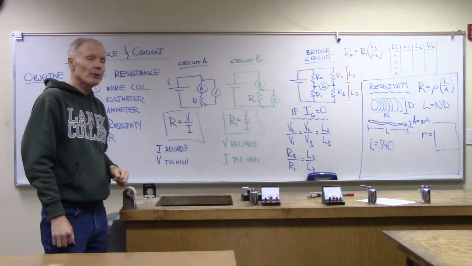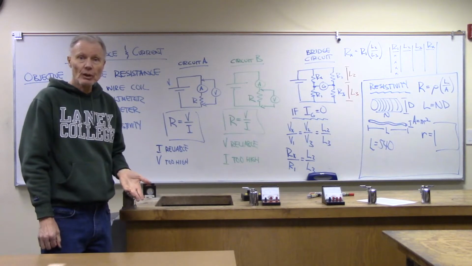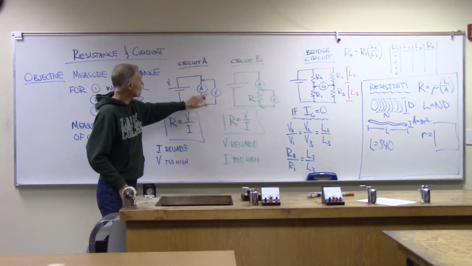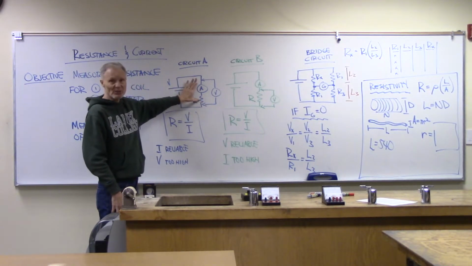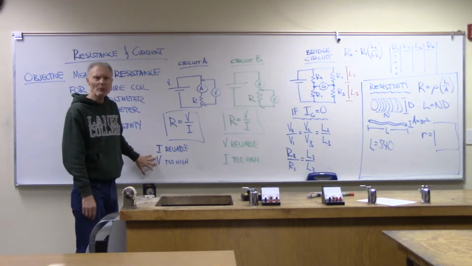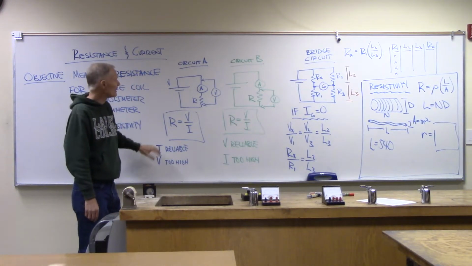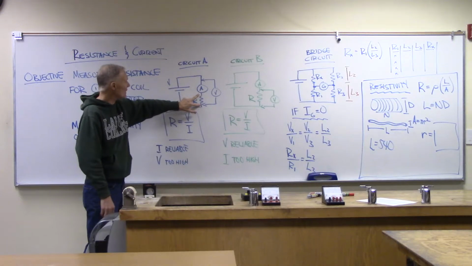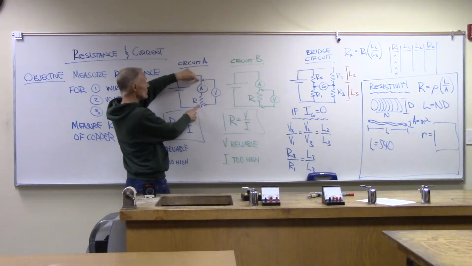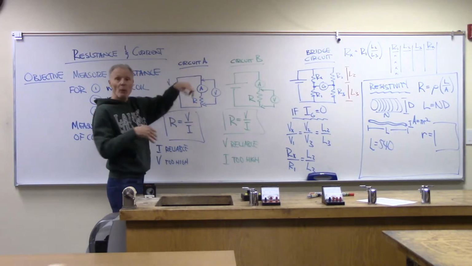And the ammeter has its own resistance to it. So it's like measuring the voltage over 2 resistors in series. So the problem then is that the voltmeter is going to read too high. Instead of just getting the voltage across the resistor, it's also going to read the voltage across the ammeter.